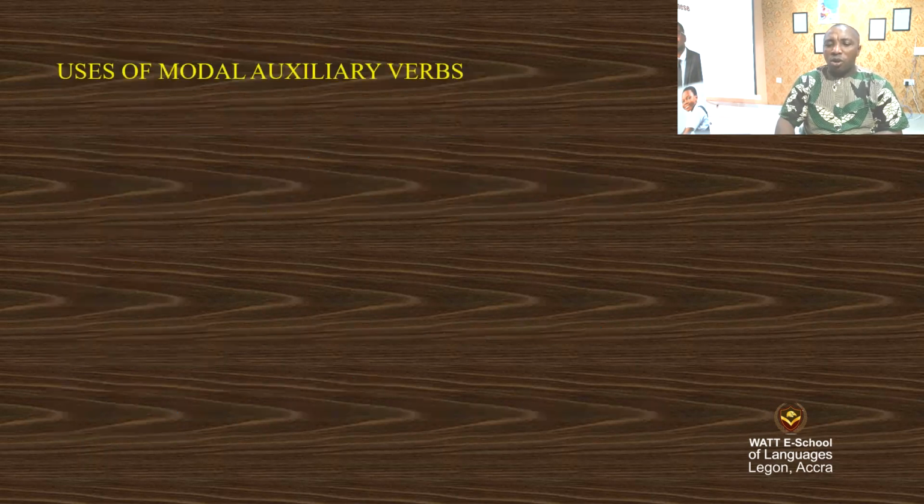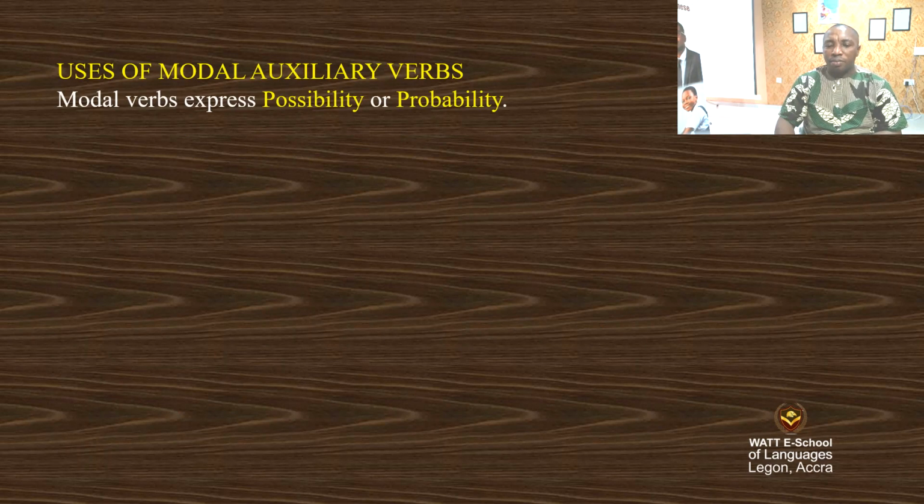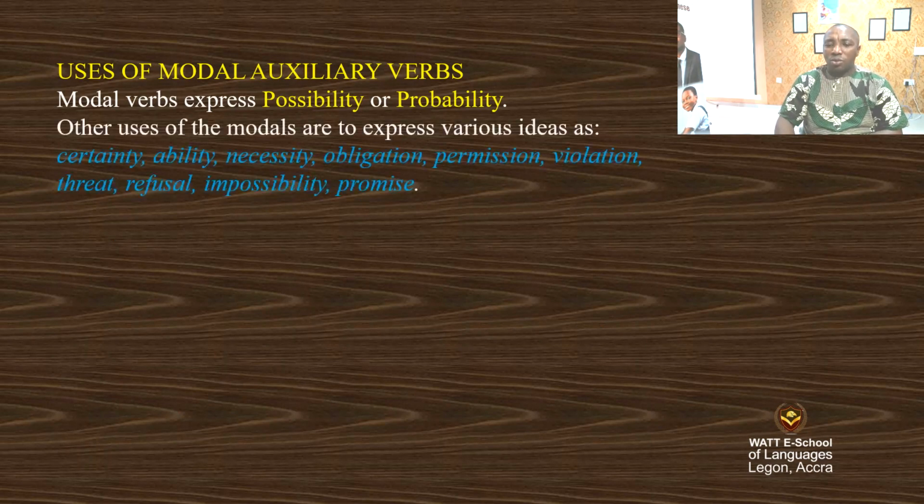Let's see the uses of modal auxiliary verbs. Modal verbs express possibility or probability. Other uses of the modals are to express various ideas such as certainty, ability, necessity, obligation, permission, violation, threat, refusal, impossibility, promise.